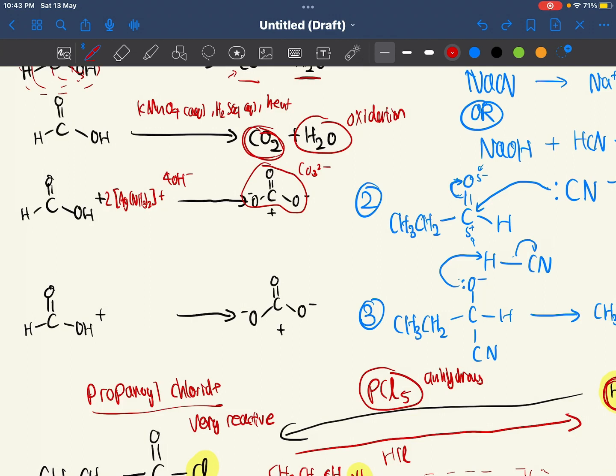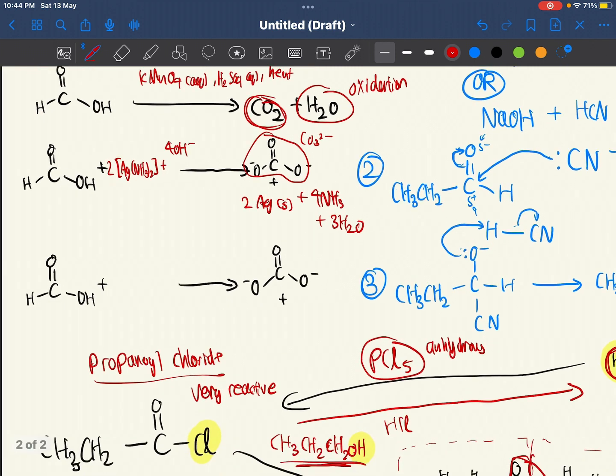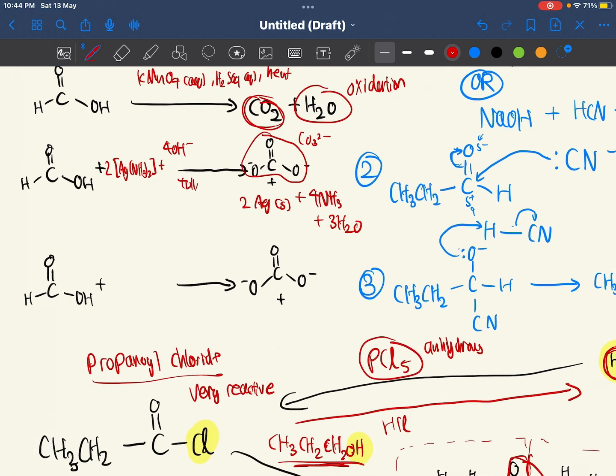But so what are the products we have? We have 2 Ag plus 4 NH3 equals, and we have our 3H2O. Yep, so that's with our Tollens reagent and warm.